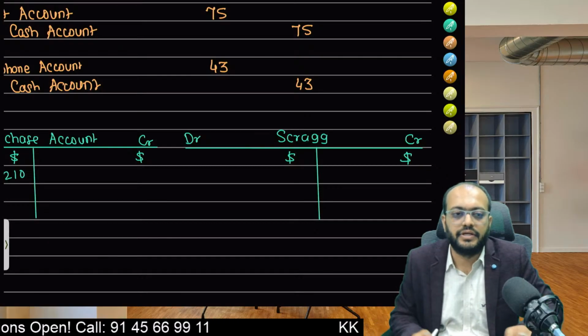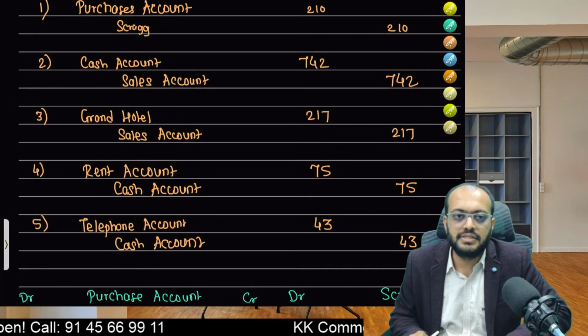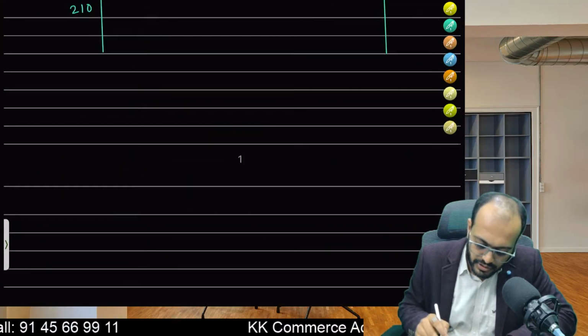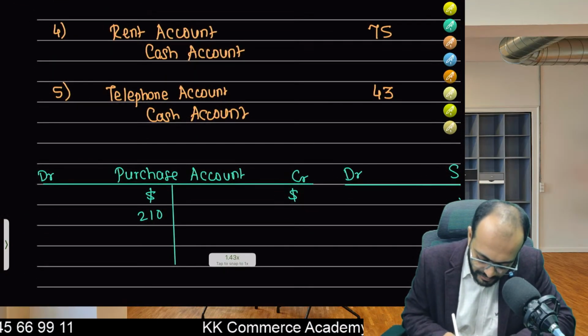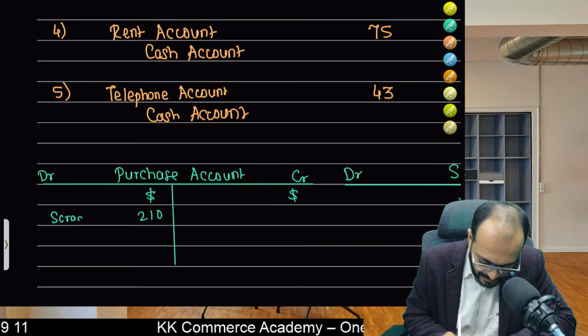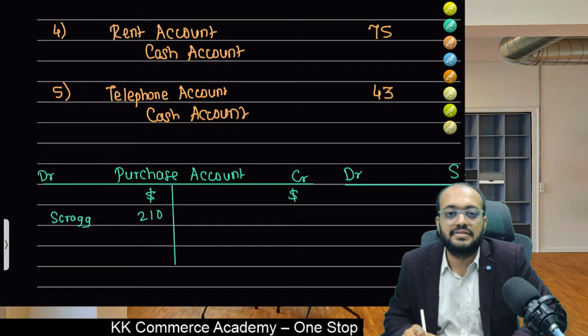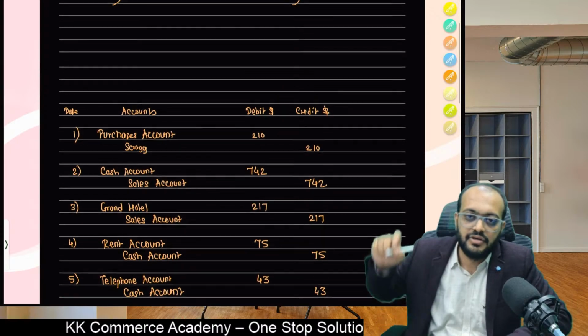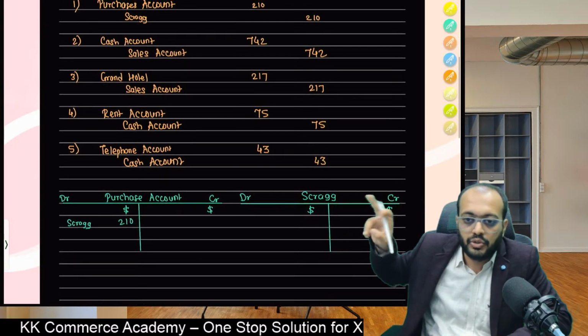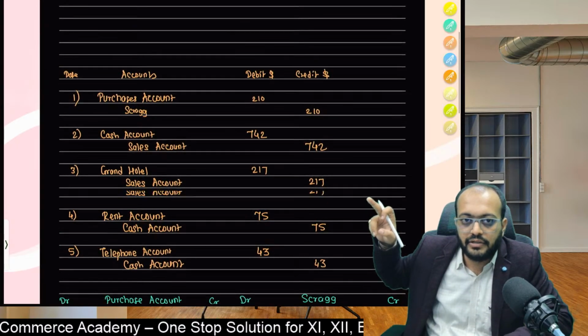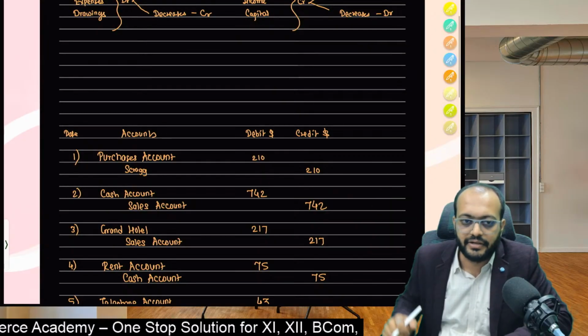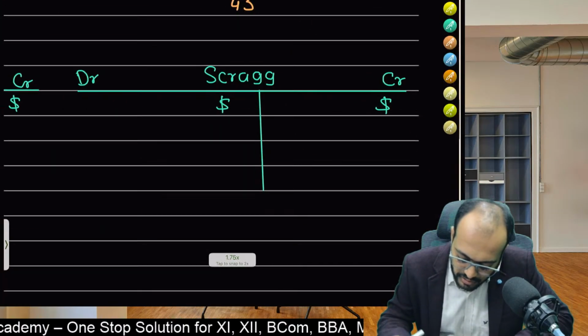And one more thing, purchase account is debited and Scrag is credited. So on the debit side of purchase account, we are expected to write the name of Scrag. And since Scrag is credited, we go to the credit side of Scrag and write the name of the opposite side account, that is debited, which is purchase account, $210.